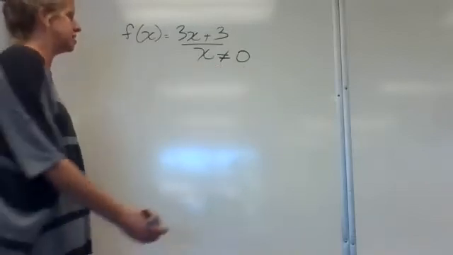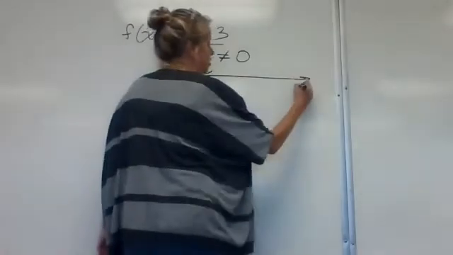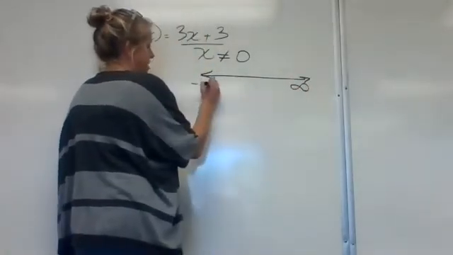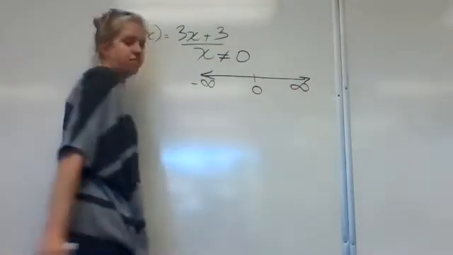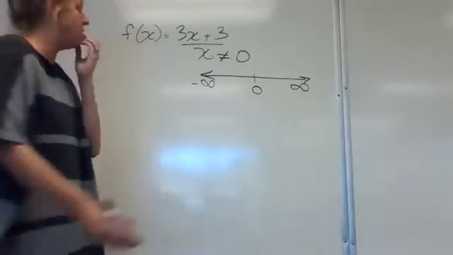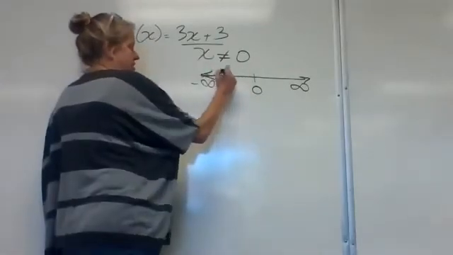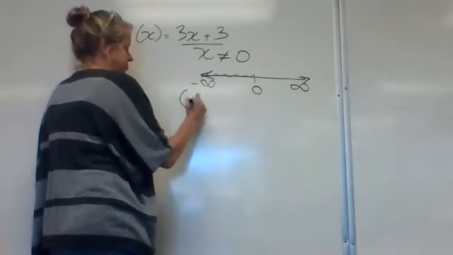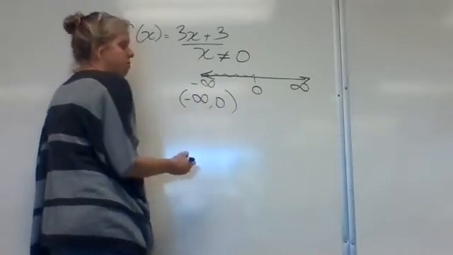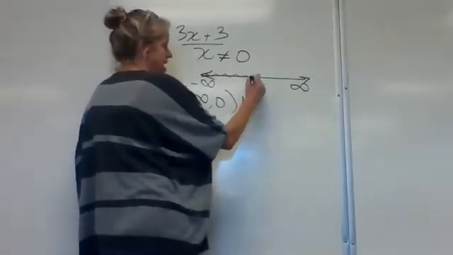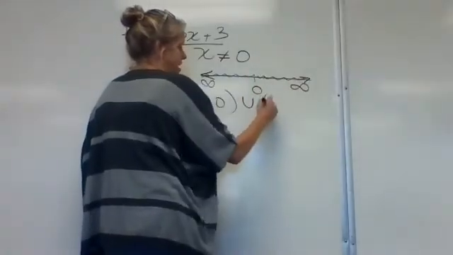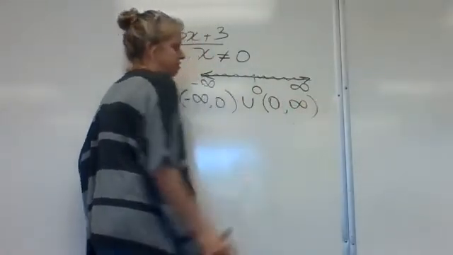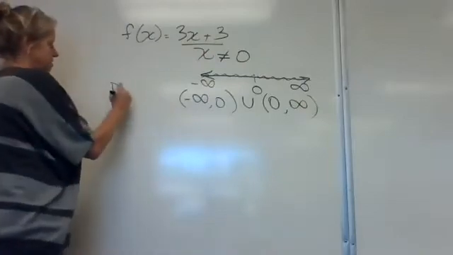It cannot be 0. So I want to show everything from -infinity to +infinity except 0. So let's see what represents this interval right here, -infinity to 0. And that interval right there would be 0 to +infinity. So there's your domain.